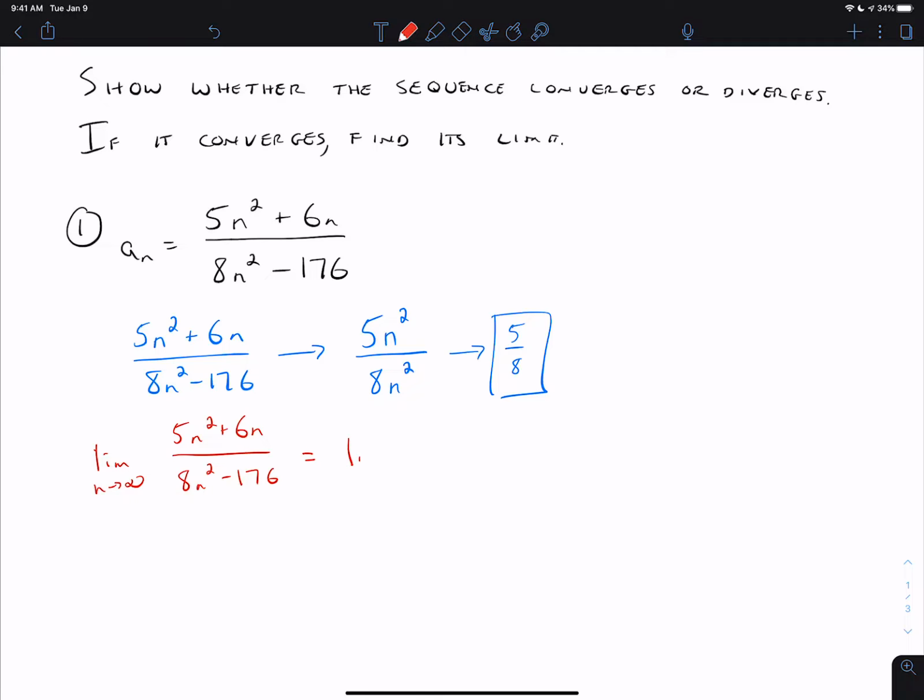That's equal to the limit as n goes to infinity of 5n squared over 8n squared, which is equal to 5/8. Either method is okay. We don't need to do both, but we'll accept either method in our class.